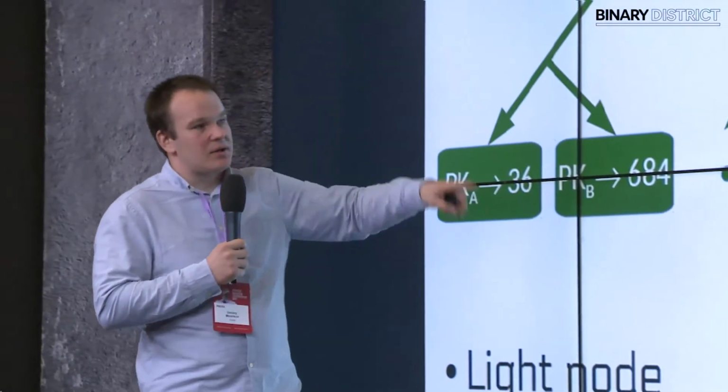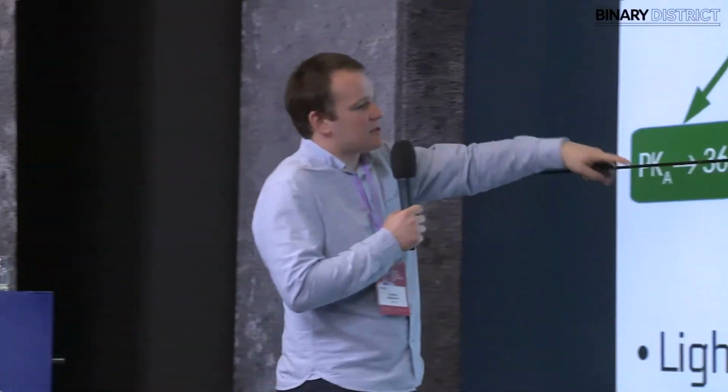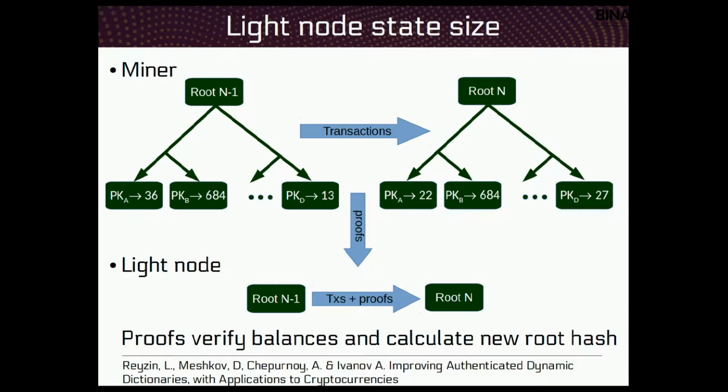Our paper, we presented it at the Financial Cryptography Conference this year, and we can fix this situation with the help of authenticated dynamic data structures. Well, the main idea here is that the light node keeps only the root hash of a tree, a Merkle tree. I think a lot of you know what it is, and the state becomes authenticated with this root hash.